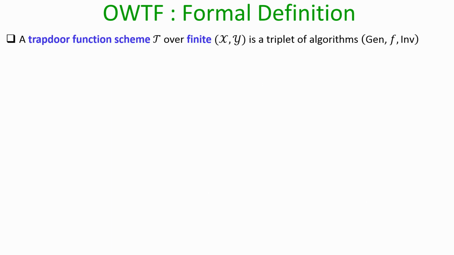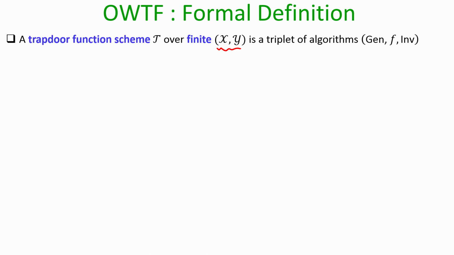Now let us try to formally state this requirement, what exactly we mean by this special trapdoor information, easy to invert in the presence of the trapdoor information and difficult to invert in its absence. When we say that we have a trapdoor function scheme tau, it is over a pair of finite sets, where X will be the domain of the function and Y will be the codomain.